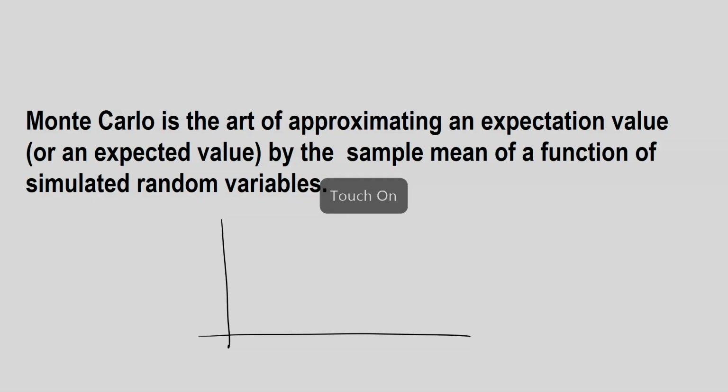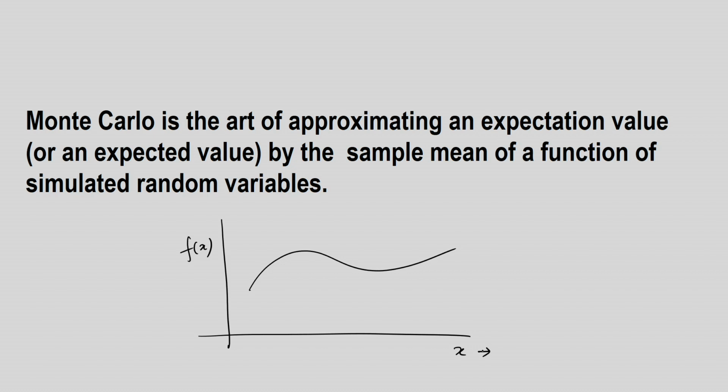Say we need to integrate a function like this, f of x as a function of x. Instead of doing such gridding, which we have done for the known integration techniques, here we choose random points on this f of x, which is the curve here, and then calculate it from its sample mean.